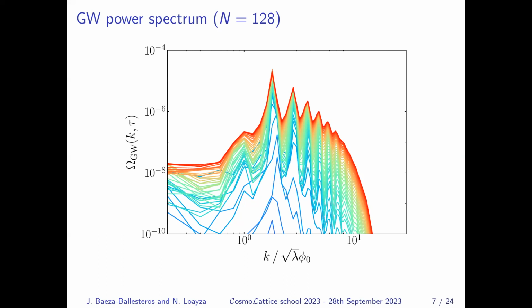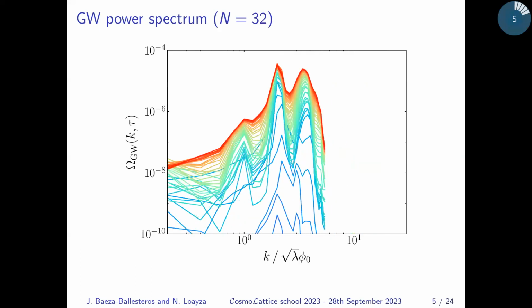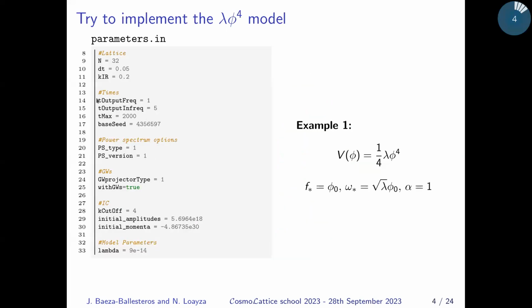Yeah. So the output, I think, is always written to the TXT files after the number of time steps you have specified in your parameter file. In the T output frequent and T output infrequent parameters, you say after how many units of program time you want to output or measure different quantities.